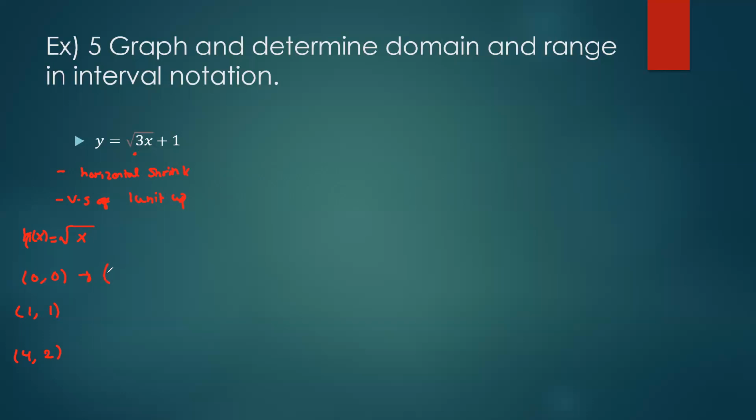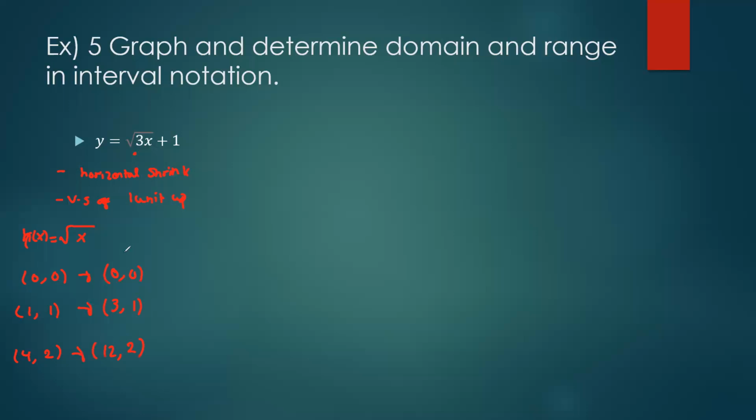So this would be 0, 0. This would be 3, 1, and then this would be 12, 2, right?